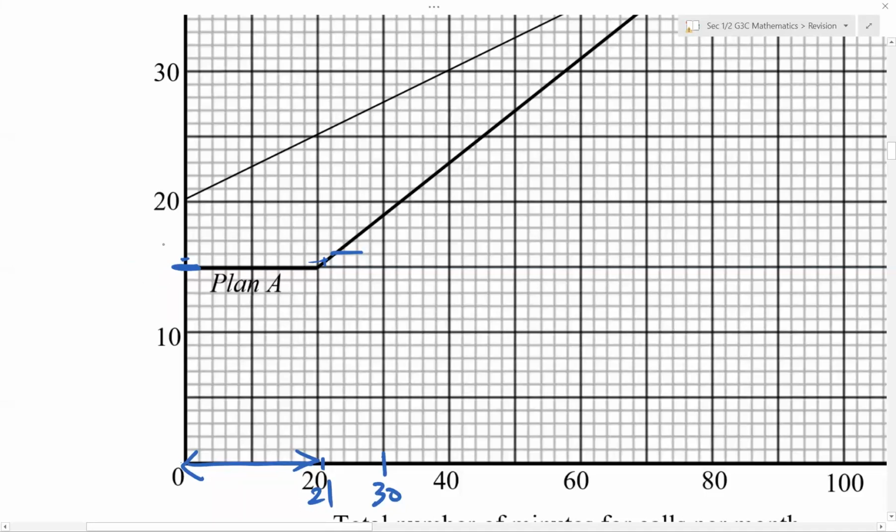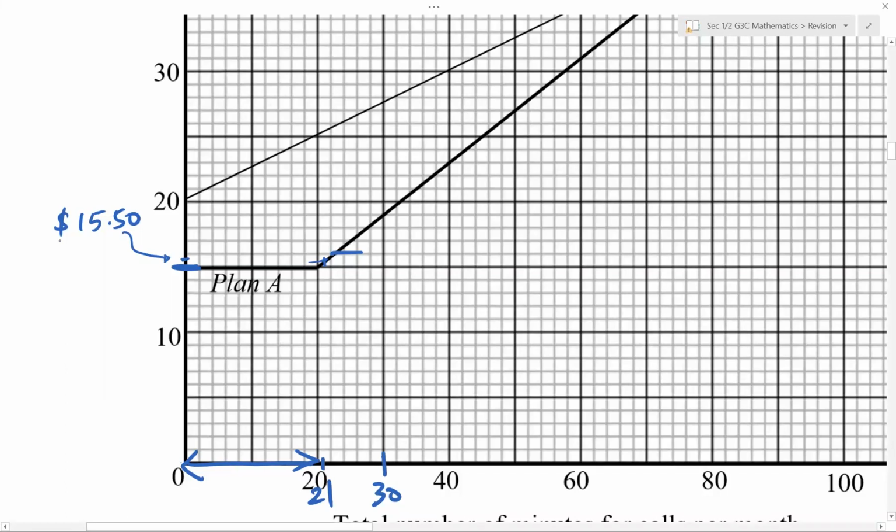Okay, if this is 15, then this value is 15.50. It appears to be, don't copy this yet, it appears to be 1 minute costing 50 cents. Looks like it, right? Does it look like it? So would that be our answer? If we do it this way, it looks like 50 cents is our answer.